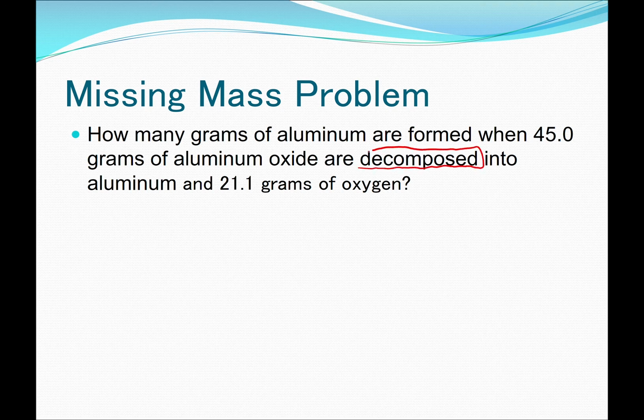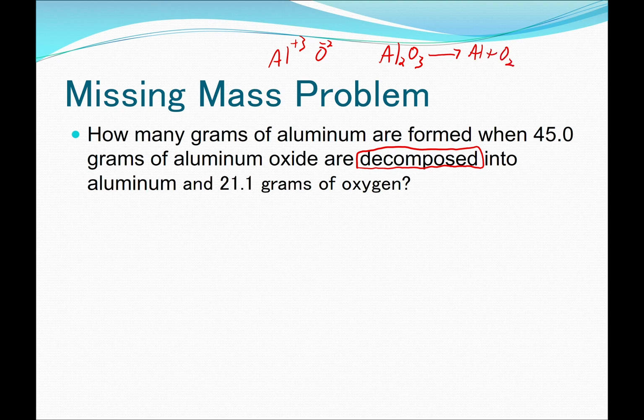Keep in mind here, decomposed, broken down into. So we have here aluminum oxide. This formula here, aluminum plus 3, oxygen minus 2, we swap and drop. We get Al2O3. How many grams of aluminum are formed when we decompose this aluminum oxide into its parts, aluminum and oxygen?